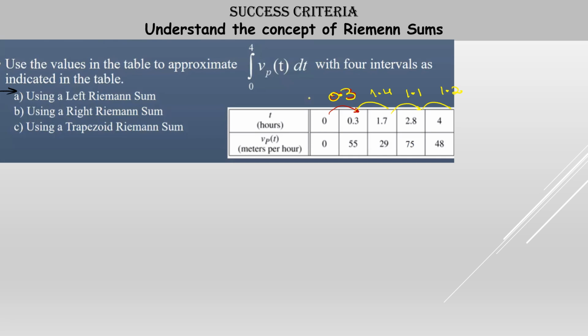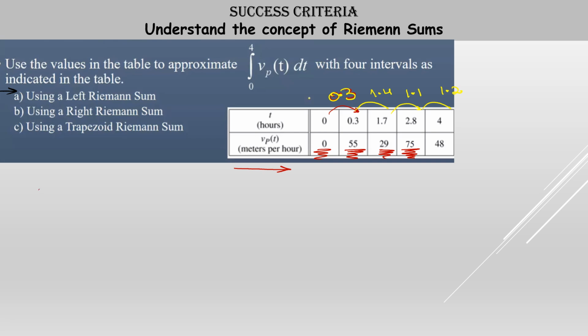When we say the left Riemann sum, we are going to use the left points. So what are the left points? The widths stay whatever we have calculated, but the left points are 0, 55, 29 and 75. So we read the graph from left to right in order to get the left Riemann sum.